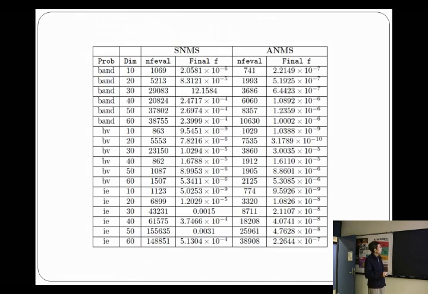I have the results here. I don't want to go into details here, just let you have a look, to compare the two sides: standard implementation, adaptive implementation. Look at the needed number of function evaluations, and also compare the final objective value.